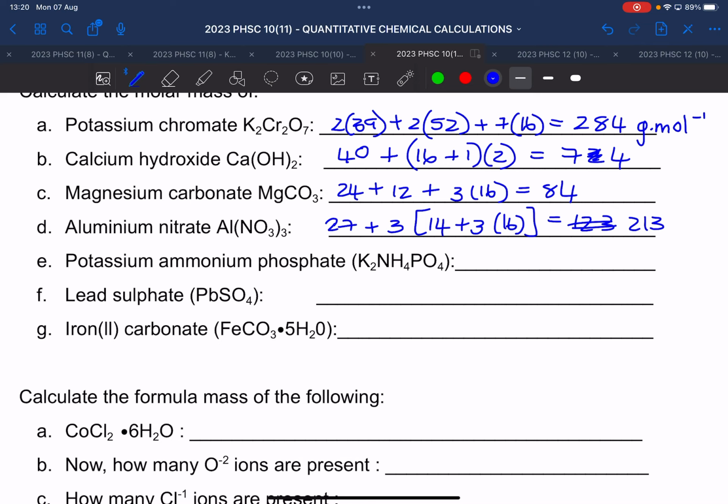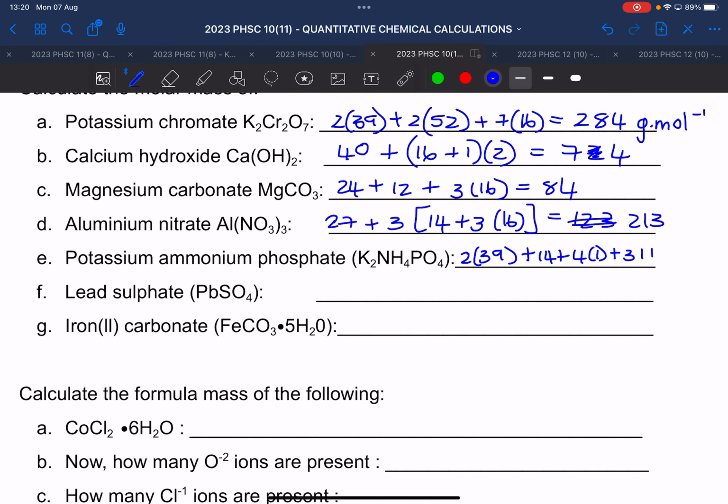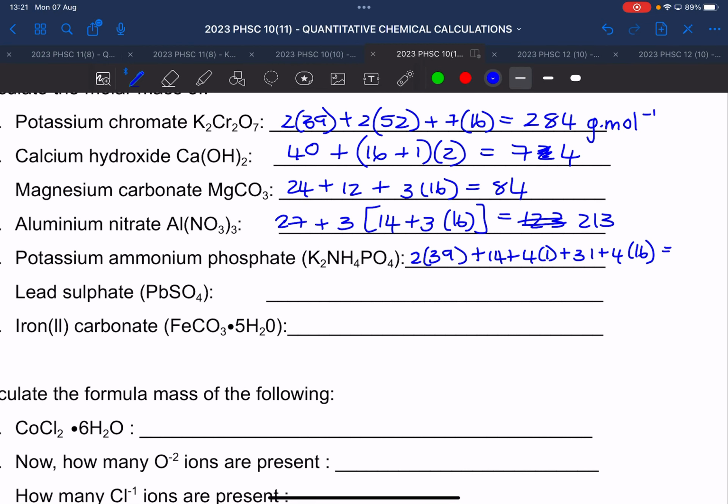Ona. 2 times bracket 39 plus 14 plus 4 bracket 1 close the bracket plus 31 plus 4 times 16 equals to 191.